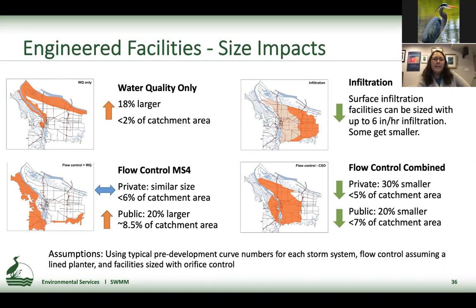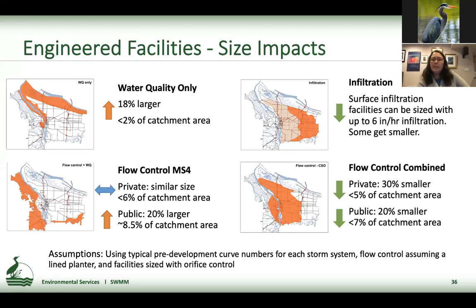For areas in the flow control in the MS4 system, for lined facilities that discharge offsite on the private side where they can pond more, those will be around a similar size to what they are now and be less than 6% of the catchment area. The size of public right-of-way facilities that are limited to 9 inches of ponding, those get larger and are at about 8.5% of the catchment area.